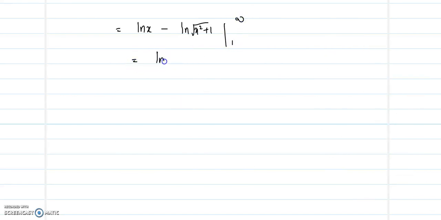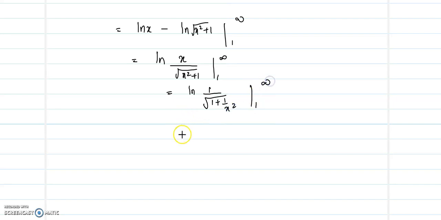So this will be log, now using the log a by b form, we'll get log of x by root of x square plus 1 from 1 to infinity. Again for infinity we'll take out x from numerator and denominator. So this is going to reduce as 1 by root of, taking x square outside, that will become x, so we'll get 1 plus 1 by x square, from 1 to infinity.